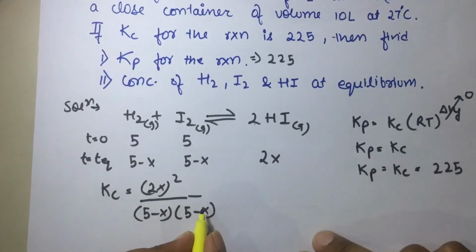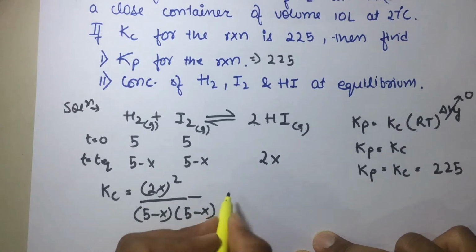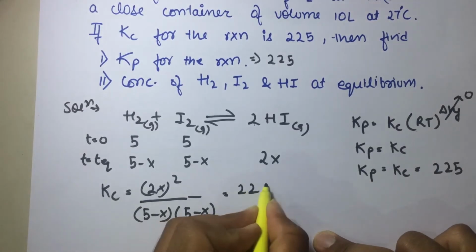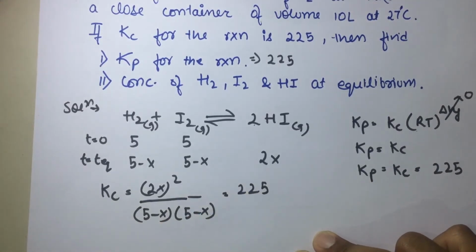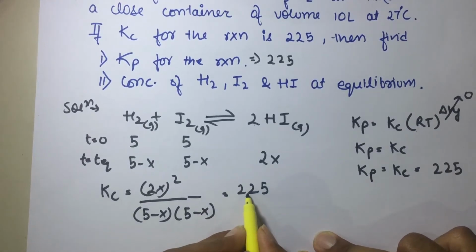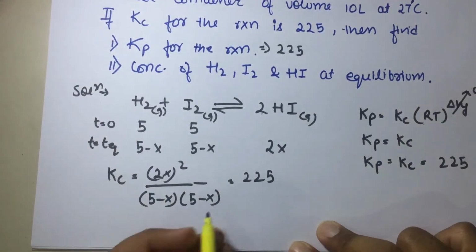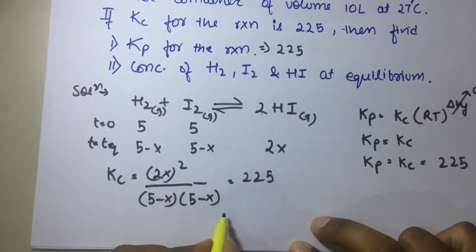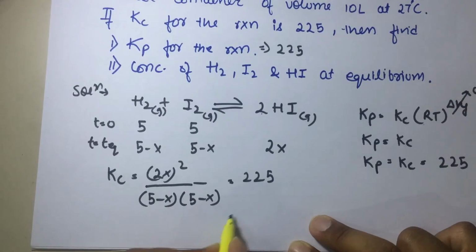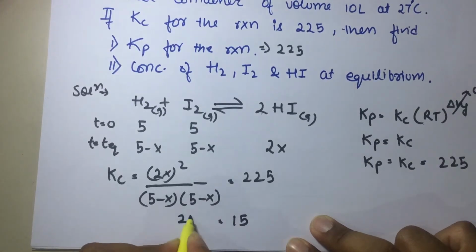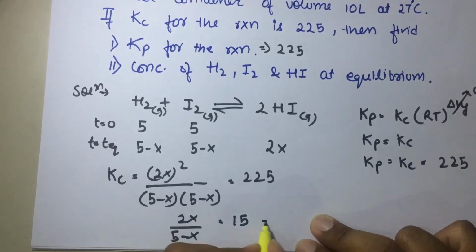The value of Kc given in the question is 225, and we know that 225 is the square of 15. So we directly take the square root of the complete expression. So it will become 15 equals 2x over (5 minus x). Now it is easier to solve.